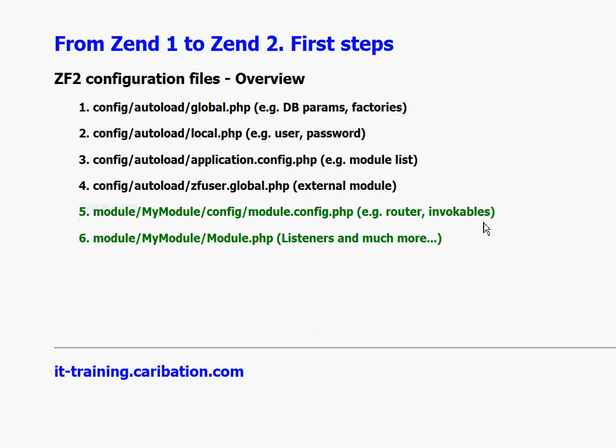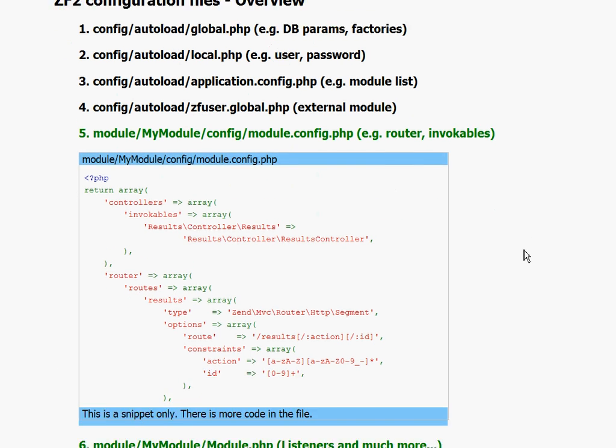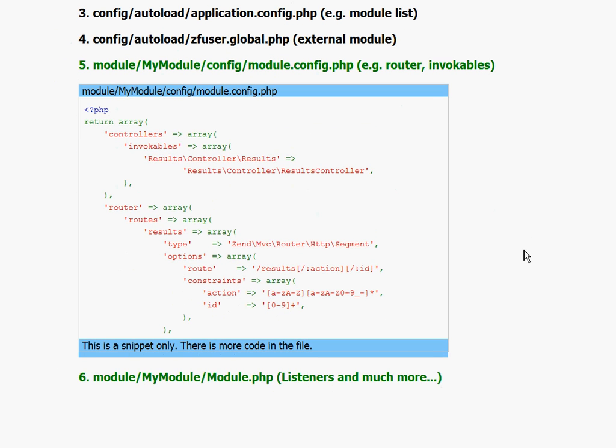The last two configuration files, the ones shown in green, pertain to a module written by a developer. In this case, I have a module called my module, and the configuration is within two files. One of them, module config PHP, has invocables. Invocables are simply classes that you want to be seen and accessed in your module.